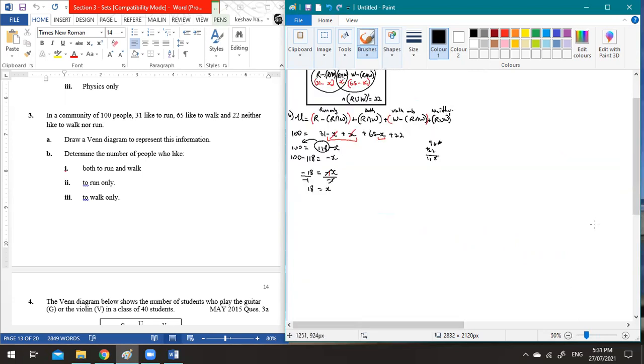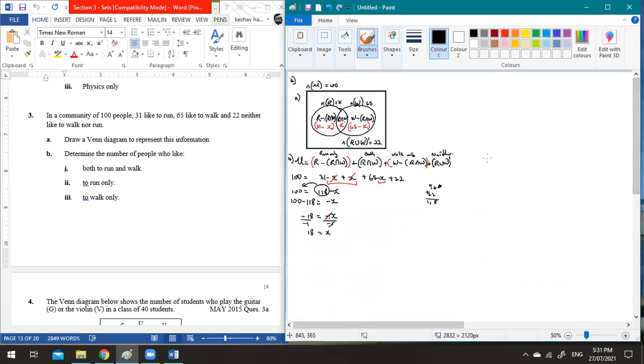All right, so I'm gonna zoom out a little bit so I see everything. And part 2, who likes to run only? And again, the set notation for this will be open bracket, people who like to run intersect people who are outside the other set. So the other set is walking, so the complement of walking.